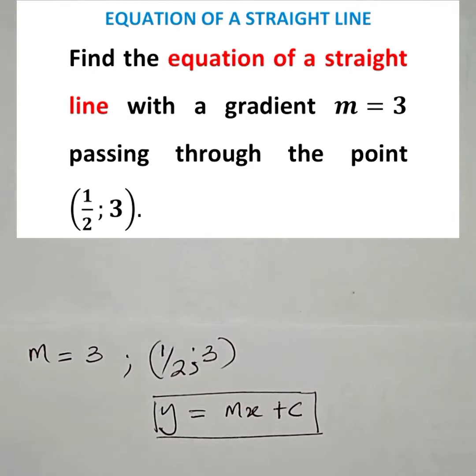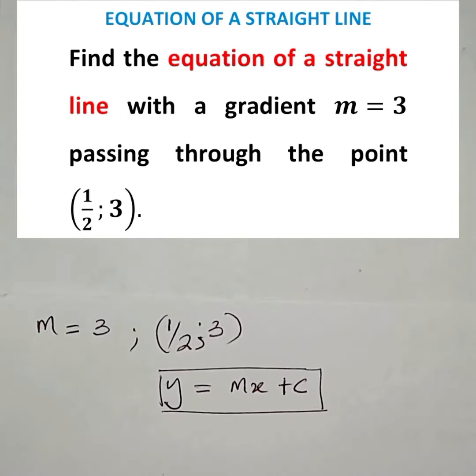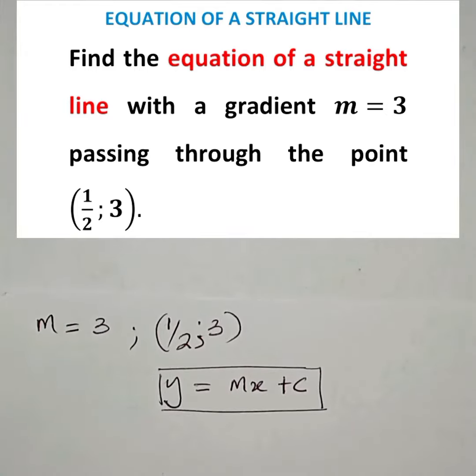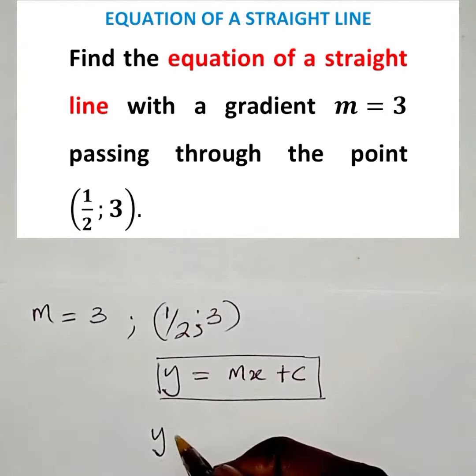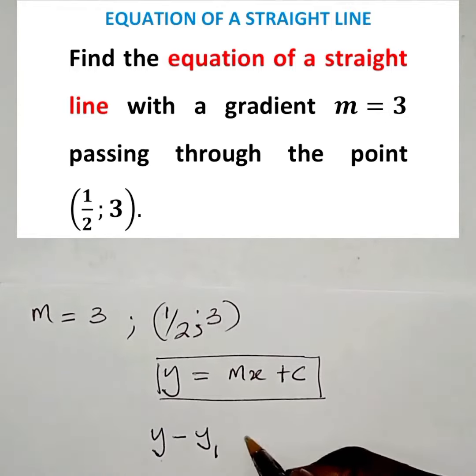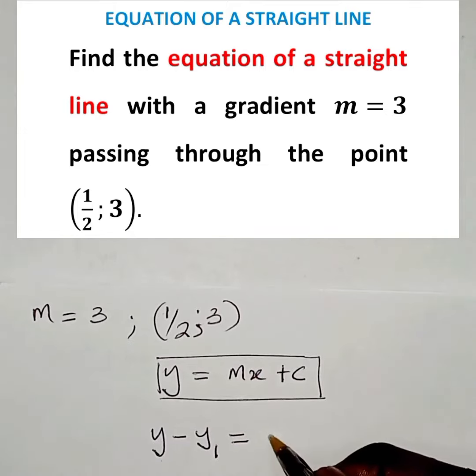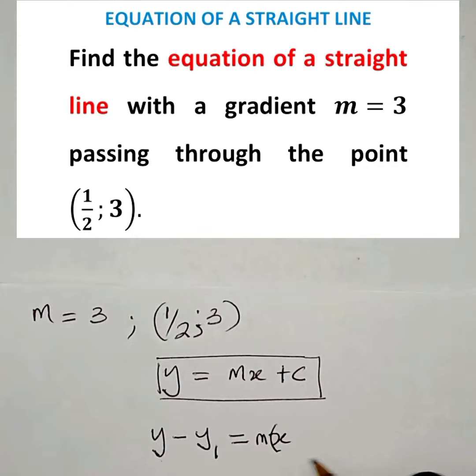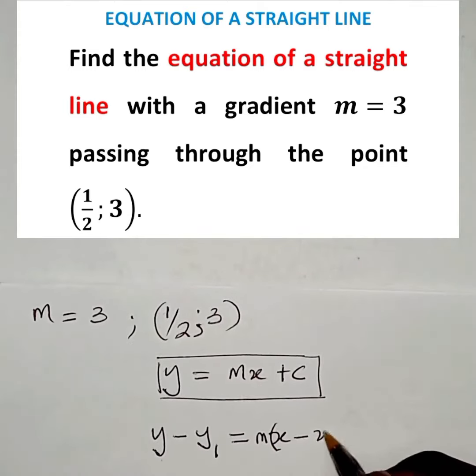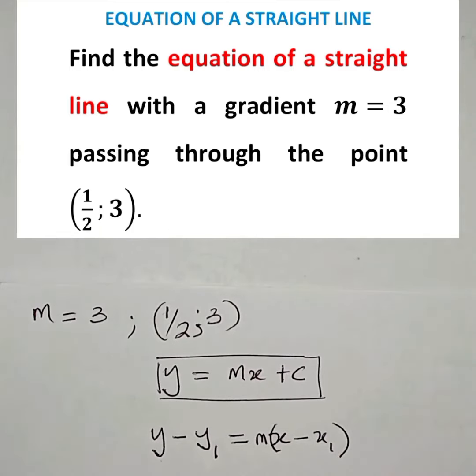All right. Now, to find the equation of the straight line, when you are given such information, you are going to use this equation that says y minus y1 is equal to m, for gradient, times x minus x1. All right.